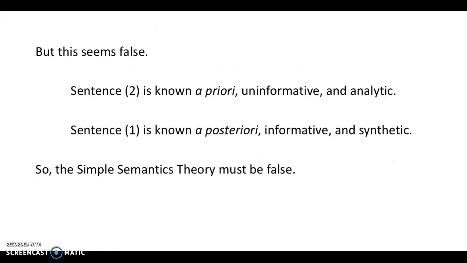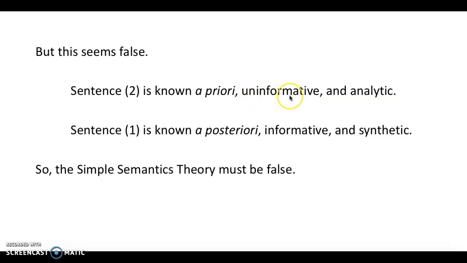But of course, that just seems false, because it seems that sentence 1 and sentence 2 do in fact differ in many ways. If we look back at sentence number 2, it just seems to be known a priori. In other words, it seems to be known intuitively true. It's also uninformative. We know that the morning star, whatever that is, just is the morning star.